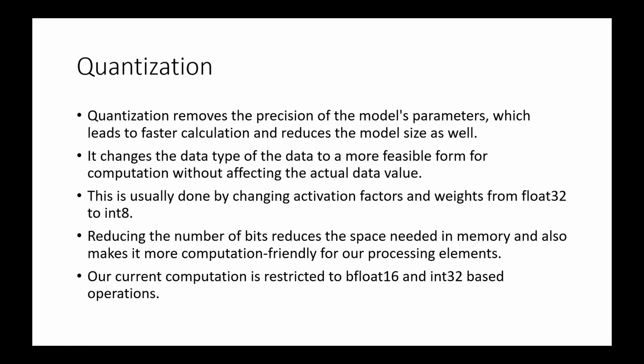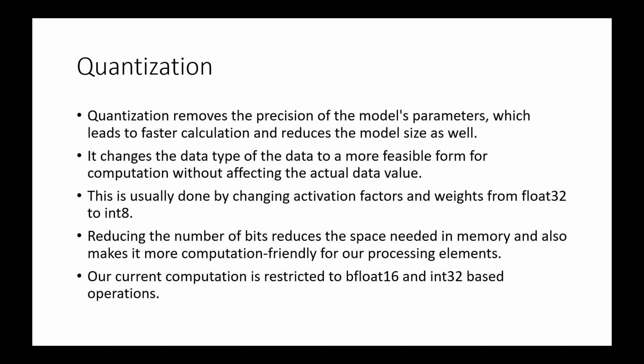Our processing system is built more towards bfloat16 and int32 operations, with our ALU and programming element and tensor core specifically programmed for those operations. So in those systems, we can't load any bfloat32 data or anything of higher specs, especially weights, because we won't be able to compute anything with it.